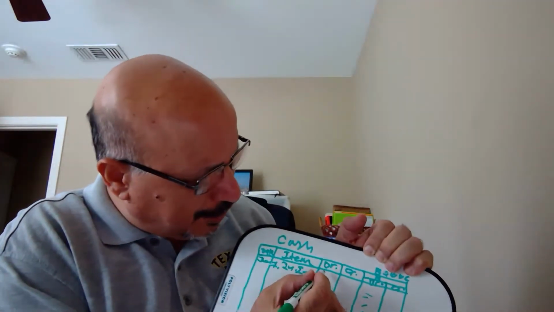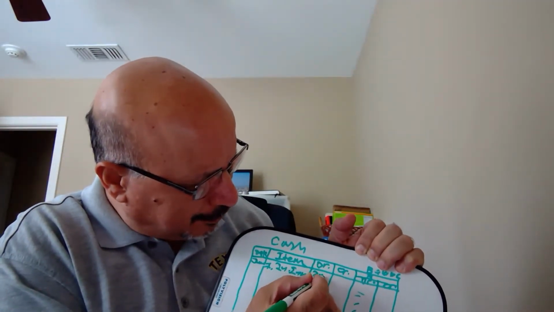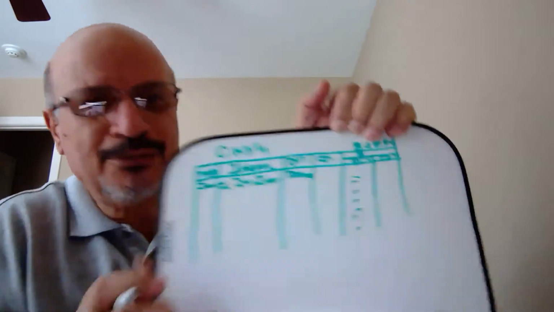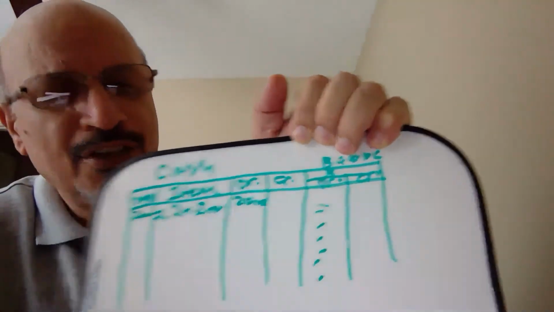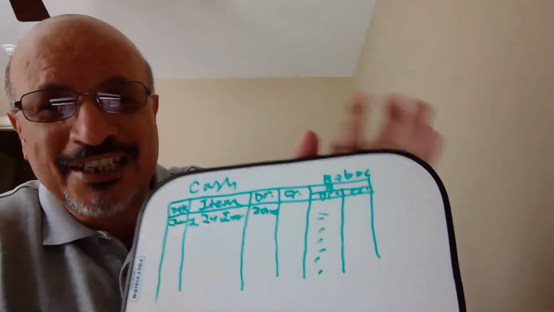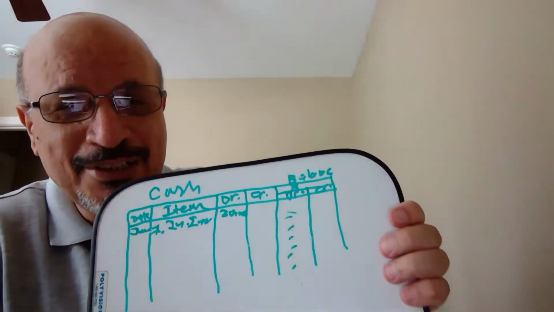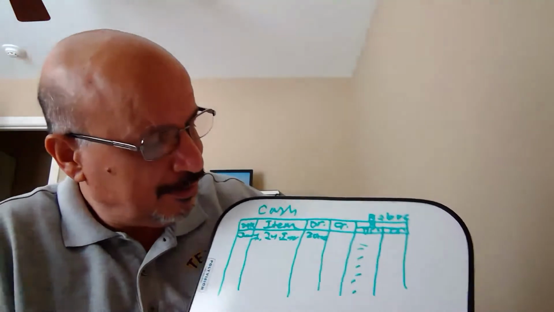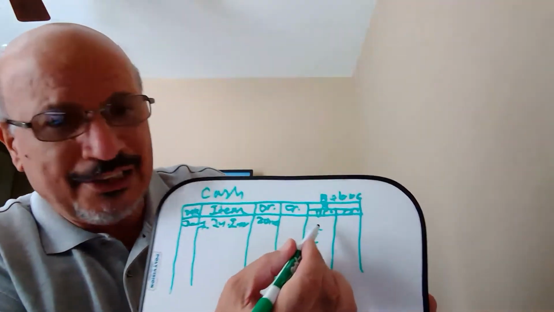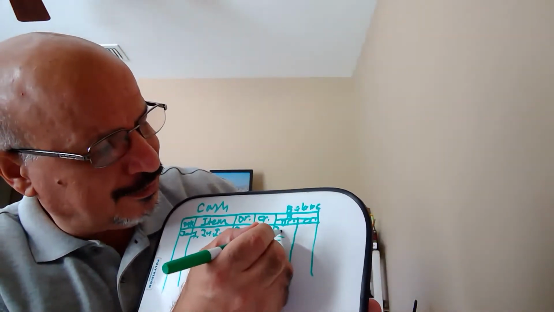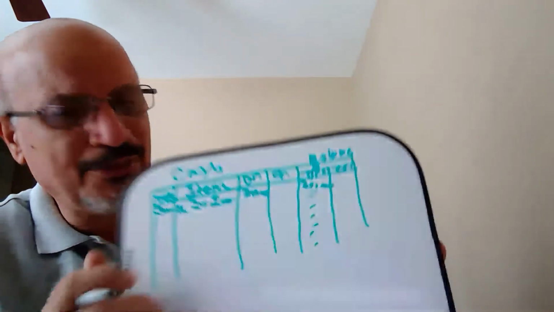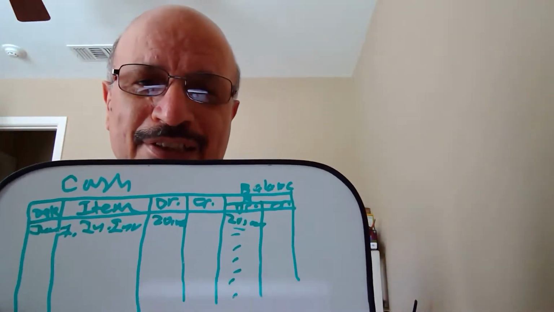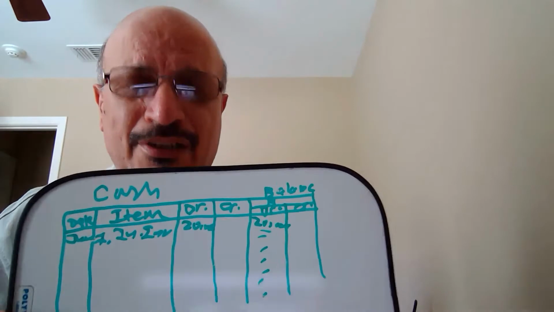So $20,000 in the debit here. So what is the balance now in cash? It's 20,000, on the debit side. So right now the balance in cash is $20,000.